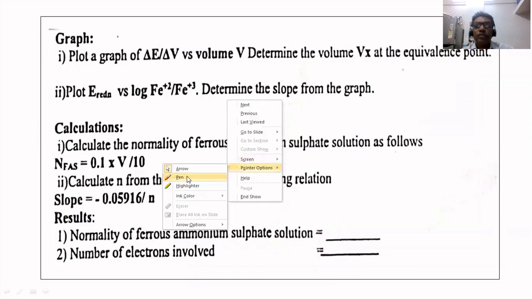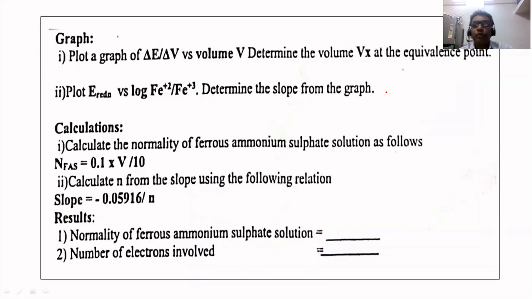Now, the nature of the graph will be like this. If we plot the graph this way, on the y-axis we take delta E upon delta V, versus the volume of cerric ammonium sulphate added, as already mentioned in the observation table.